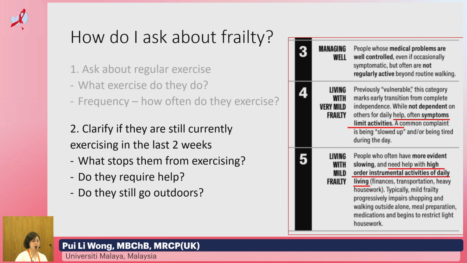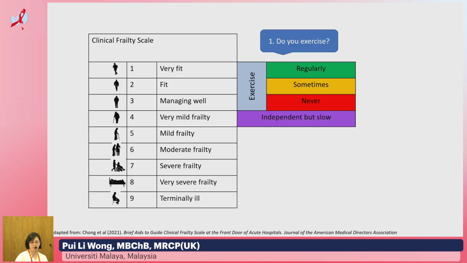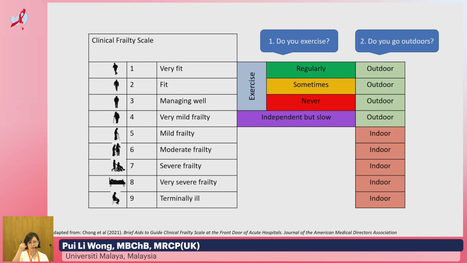And so just by asking these simple questions, you're actually able to find out whether they are at very mild frailty or going into mild frailty, okay? So someone that stops going out and is mainly staying indoors, they go to a 5, which is mild frailty. Okay, so I hope you're all still following me with that. And I've convinced you that it's very mild frailty.